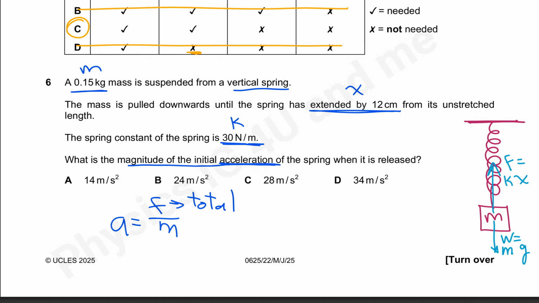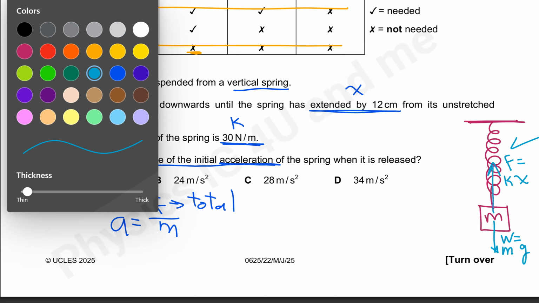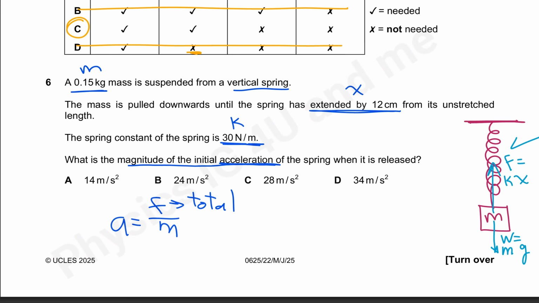So these two forces affect the mass at the beginning of hanging the mass on the spring. So first of all, let's find this force here. According to Hooke's law, force equals Kx, right?